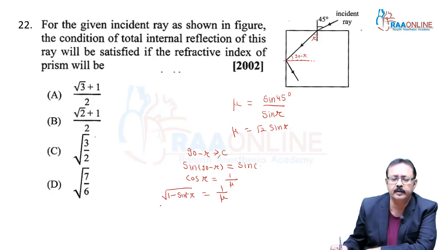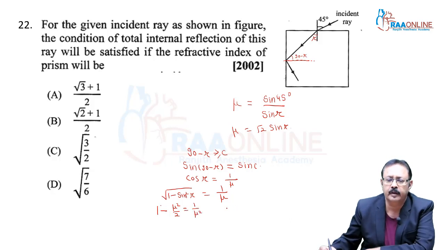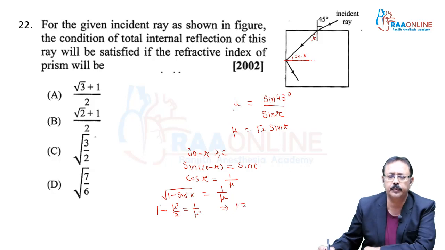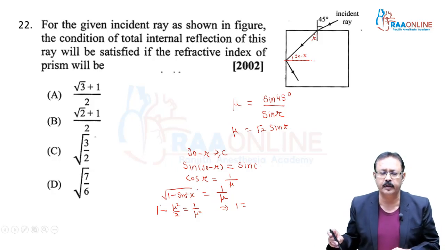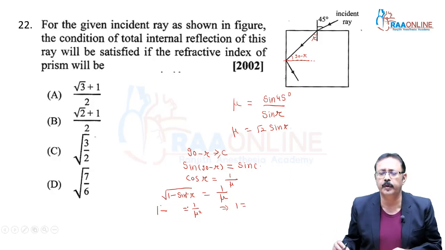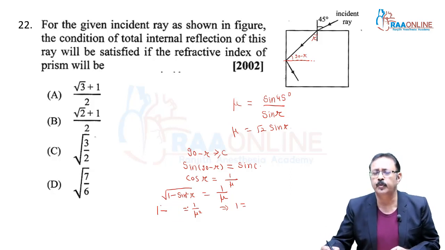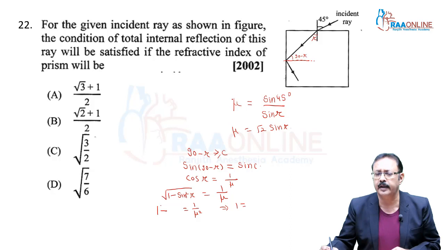So what are we getting? Squaring both sides, 1 minus sin square R is greater than or equal to 1 upon mu square. What is sin R? Sin R is sin 45 by mu, we will correct this.